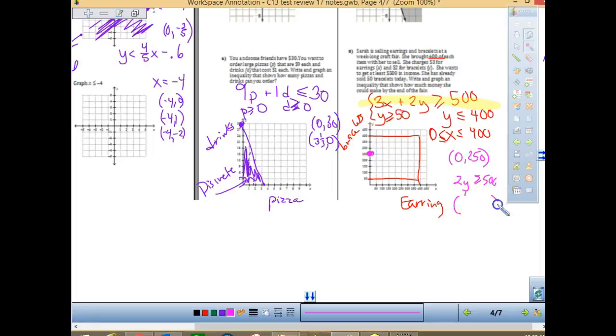If I'm looking for my x-intercept, that's when y is 0, and I would have 3x greater than or equal to 500. What would that point be? 166, right? So I'm looking over here and putting my point right here. That's for this red line, right? This red line is a solid line, and it is everything greater than that.